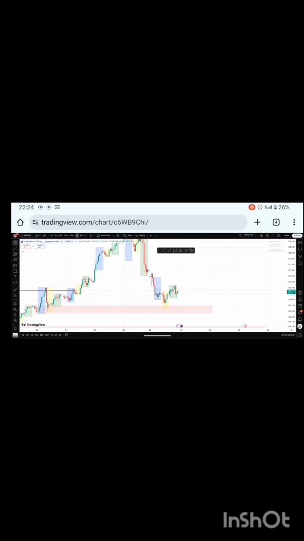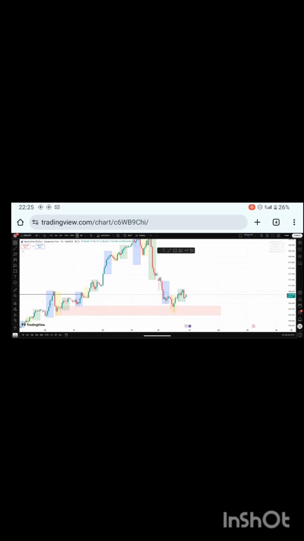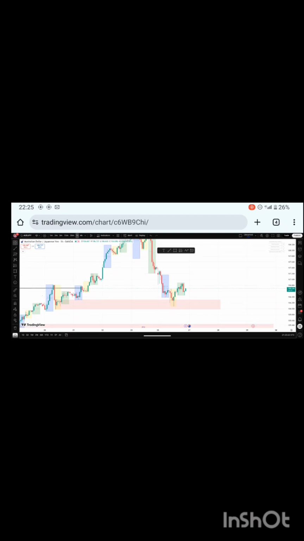So let me refine it to this red candlestick, the last selling candlestick before the buy continues. After that, I can easily map out my liquidity.